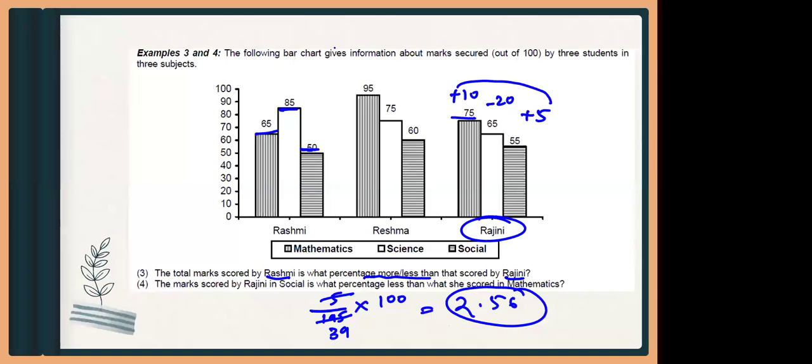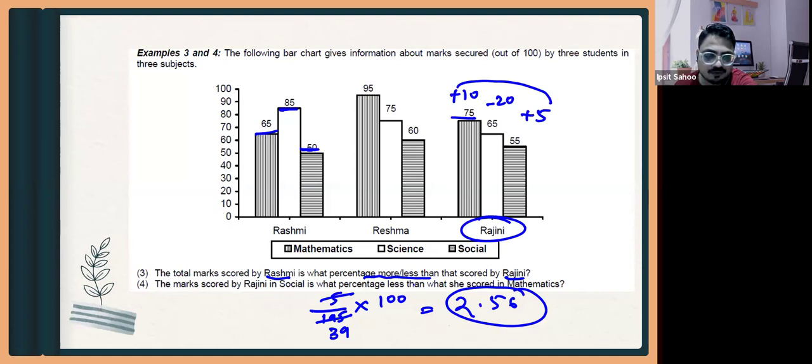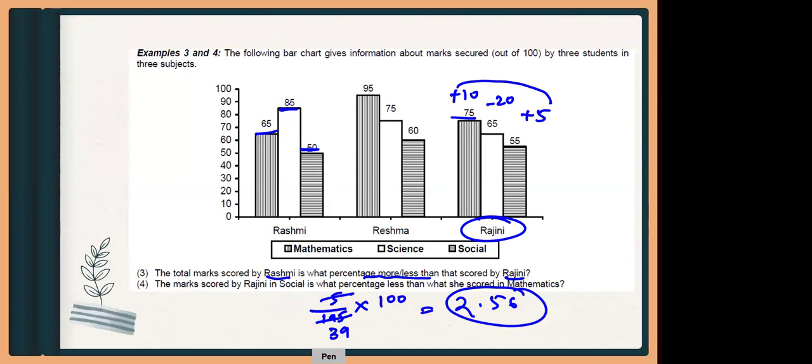Sir, I have a doubt. Why did we take the total of Rajni and not Rasmi? You can take the total for both cases and take the difference. Here, if you see, this is going to 200, 150 plus 50.